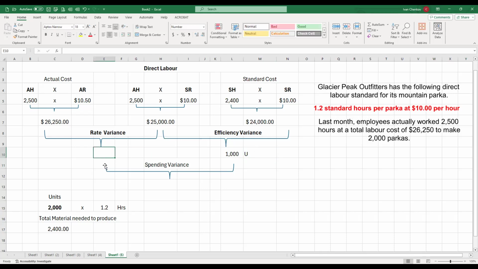How about the rate variance? 1,250, inefficient or unfavorable. Or my overall spending? 2,250 and unfavorable. Make sense?